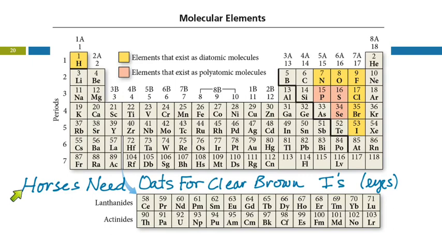So H, hydrogen, nitrogen, oxygen, fluorine, Cl for chlorine, Br for bromine, iodine. We need to know these because when these show up in a chemical equation and we need to write their formula, we have to put the 2 there. And we need to know when to do that and when not to. Any questions?